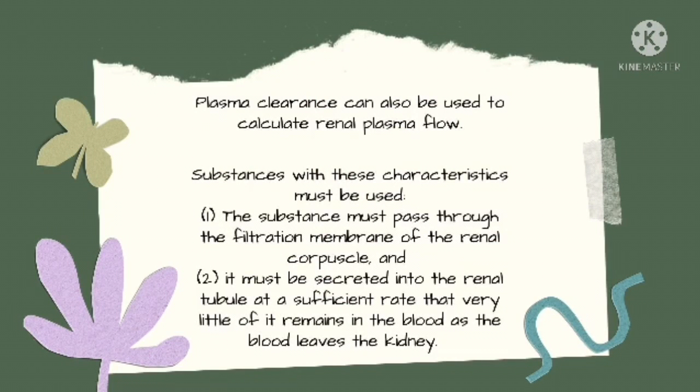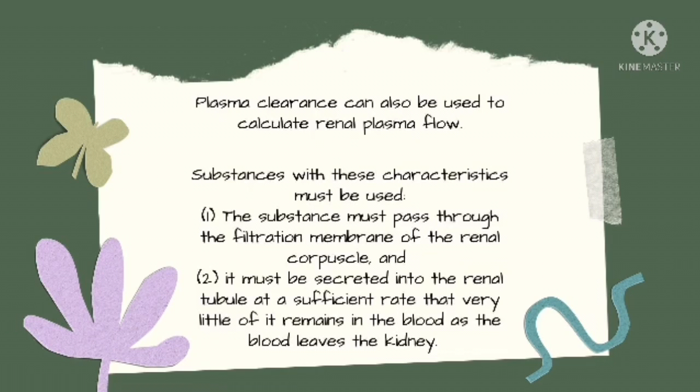Plasma clearance can also be used to calculate the renal plasma flow, but the substances that must be used here must have the following characteristics. First, the substance must pass through the filtration membrane of the renal corpuscle. Second, it must be secreted into the renal tubule at a sufficient rate that very little of it remains in the blood as the blood leaves the kidney.